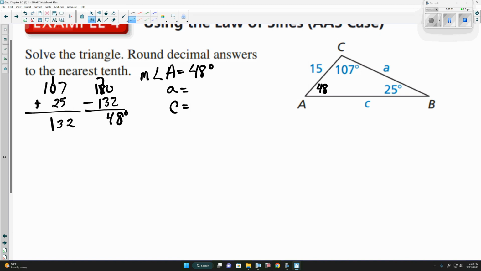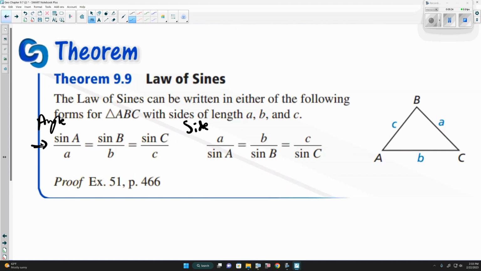Now, our general formula for this here is sine of A over A, or sine of B over B, sine of C over C, or the flip. Now here we're solving for what next? Angles or sides? Sides. So, get rid of that. Here, we're not going to use these here because we're solving for a side.